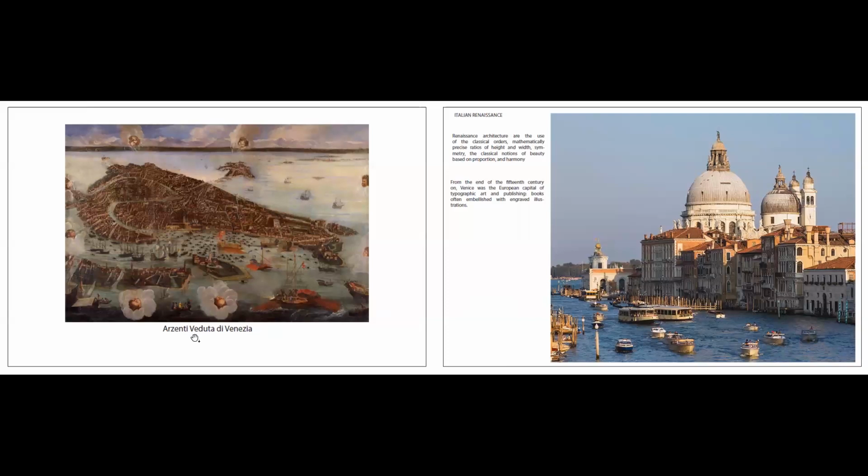One of the famous paintings is Arzenti di Venezia, presenting a perspective map that is colored and showing the architectural elements, which in this era was Venetian Renaissance architecture, reflecting the geometries and the ratios and the heights and the widths and the symmetry of the buildings, and reflecting this on the maps.